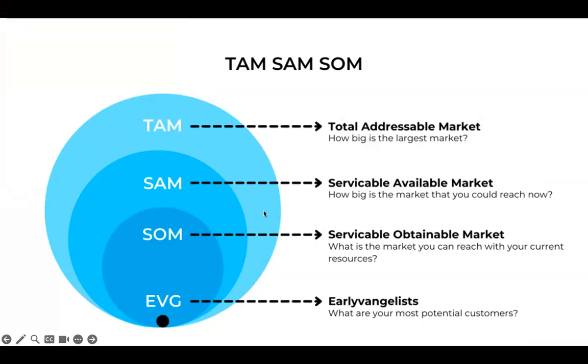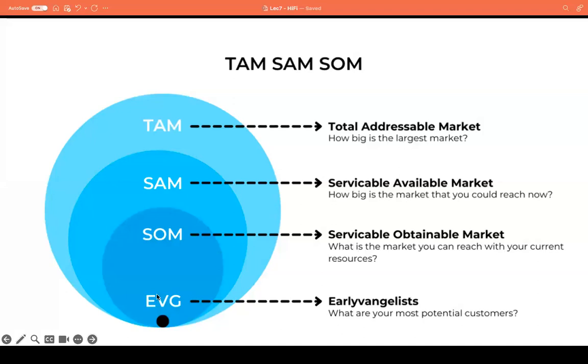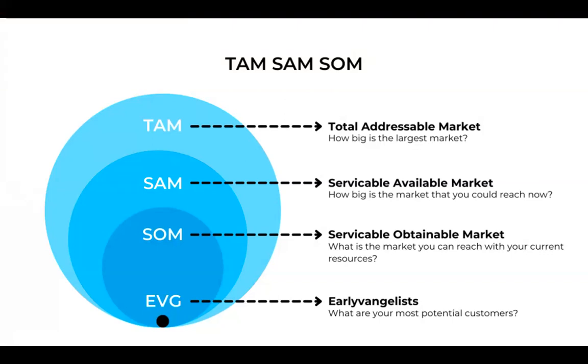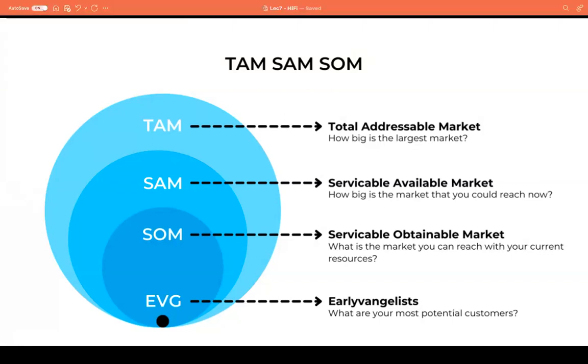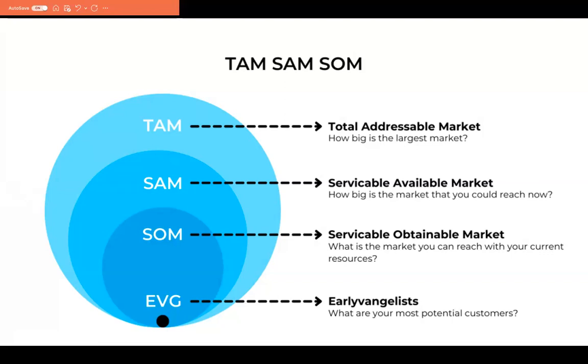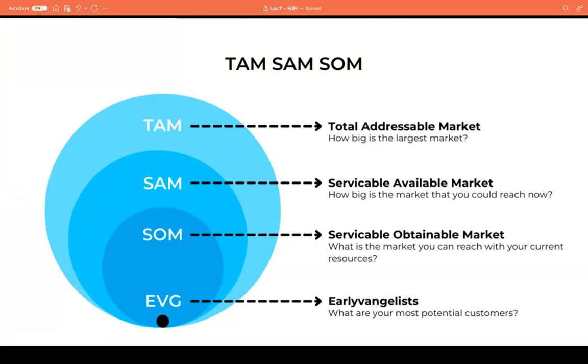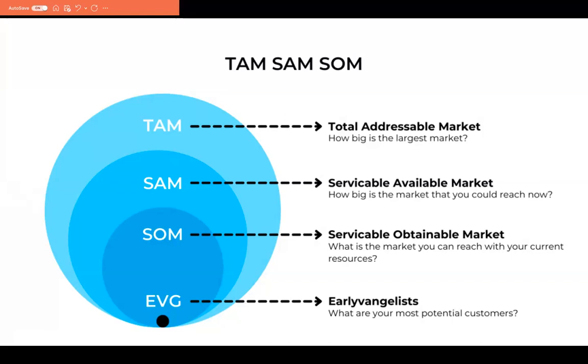So SAM, on the other hand, is just a percentage of TAM, and it is the serviceable available market. And you ask the question, how big is the market that you could reach now? Okay, again, this takes into account specific characteristics and needs of the target customers and includes only those markets that are feasible or viable for the company to reach.